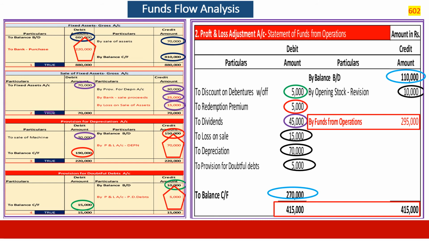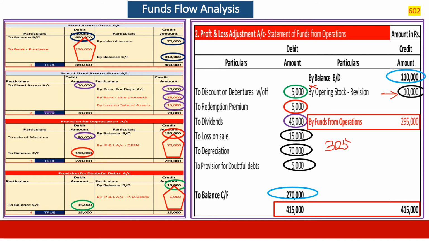To go back to the impact of this transaction, just understand it very clearly. If this transaction was not put here, our cash from operations would have been 3,05,000. Now 3,05,000 was not the right amount because stock was to be taken up from 90 to 100.